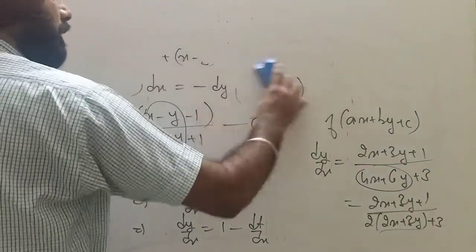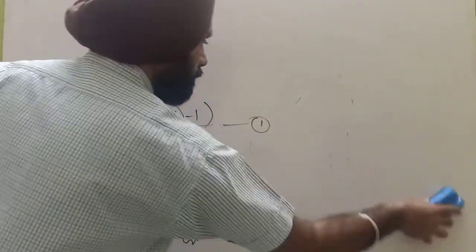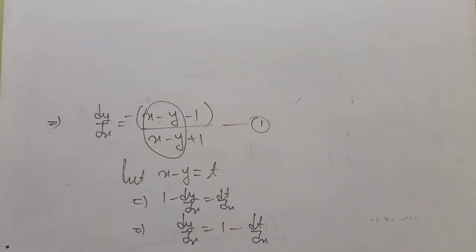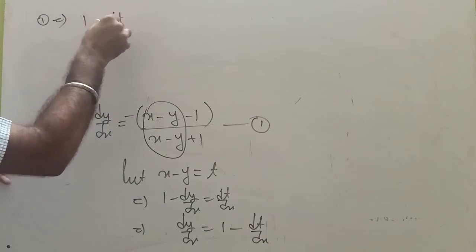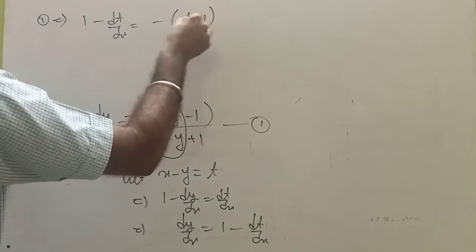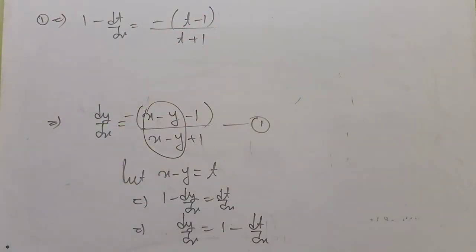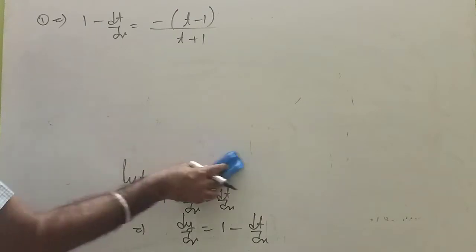So equation 1 implies dy by dx, that is 1 minus dt by dx, is equal to minus of t minus 1 over t plus 1. Now variable separation is possible.